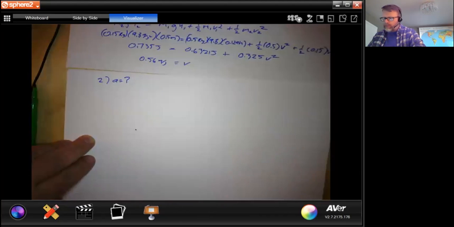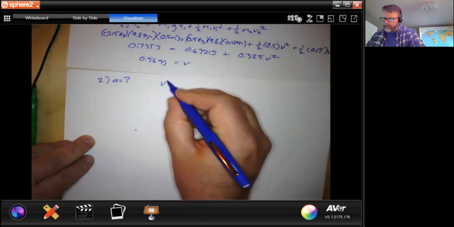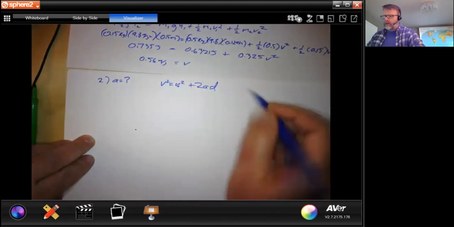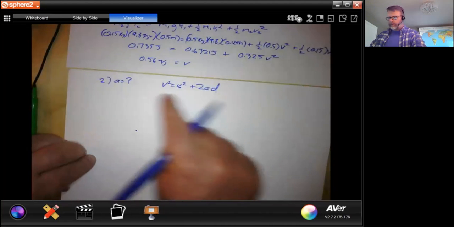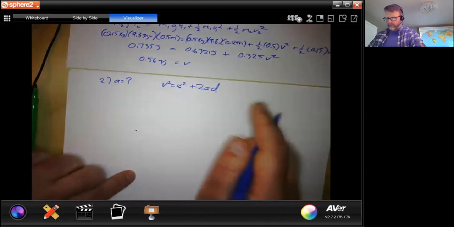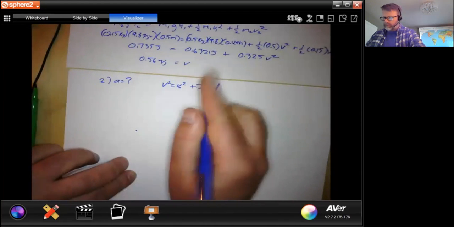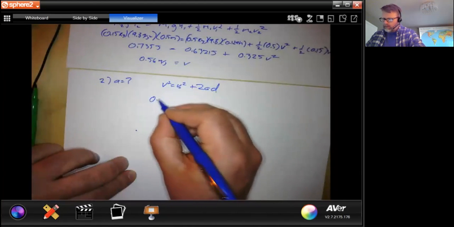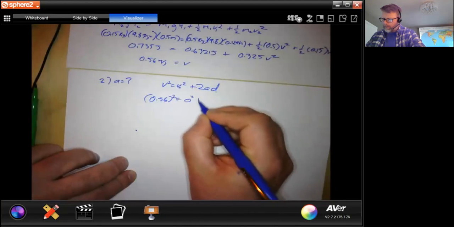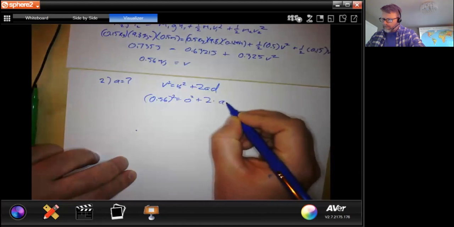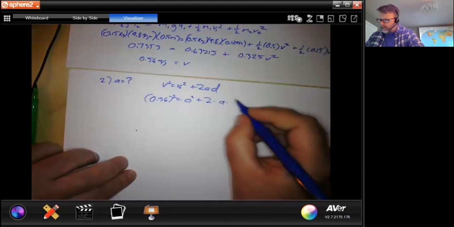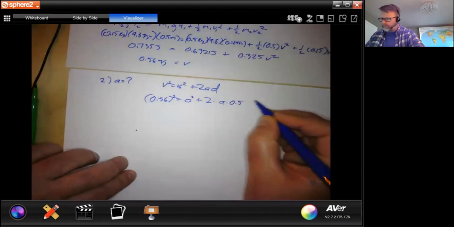Okay, we can do this a number of different ways, but the fact is, if there's an equation where we know everything except the variable we're looking for, we should be able to solve it fairly easily. So we know the final velocity, and we know that both objects moved 0.5 meters.